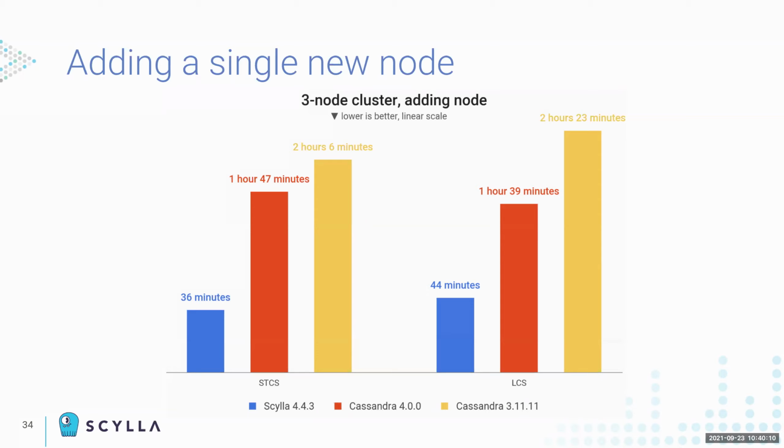One interesting thing is that Cassandra 4 is faster with LCS than with STCS, while Cassandra 3 is visibly slower. So we can clearly see the effect of the newly introduced zero-copy streaming. But despite this new feature, Scylla is still much, much faster.